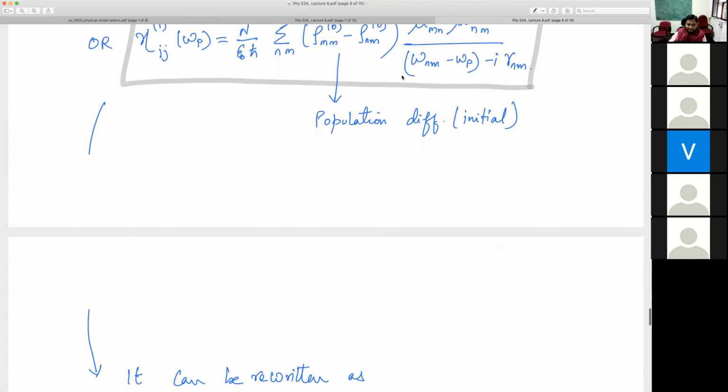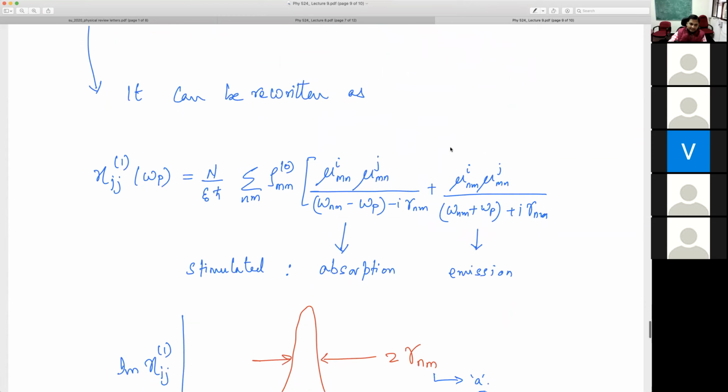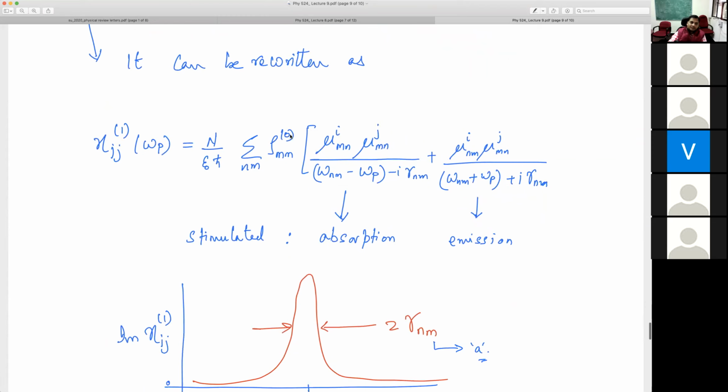I can rewrite this equation in another form, in which it is generally written in books. I can write the density difference terms in two different parts, and I'll get this: chi ij one is given by rho mm zero, so no population difference here.